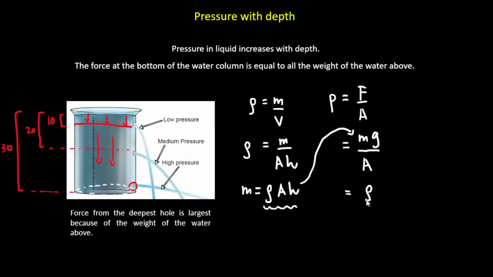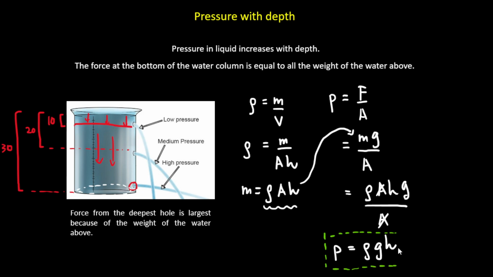So this will be rho A h g divided by area. If you cross out the areas, you will be left with the formula pressure is equal to rho g h. And this is a formula that you should definitely remember. You should know where it comes from too, in case you forget in an exam and you need to derive it by yourselves again.